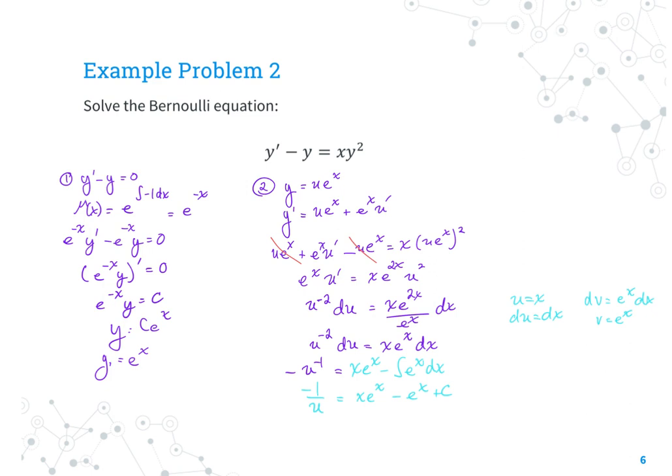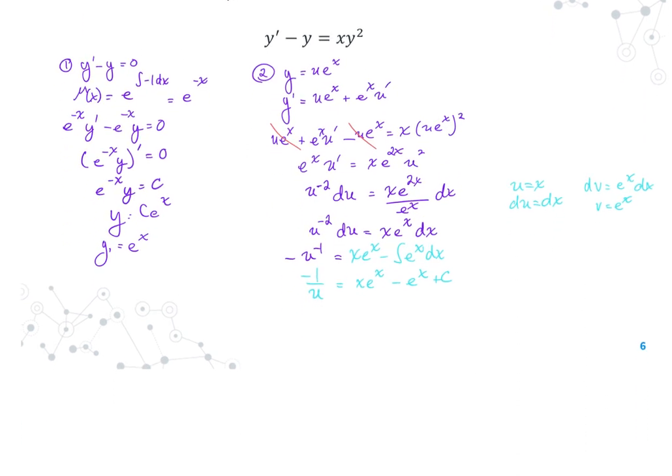From there, all we need to do is multiply both sides by a negative 1, and then invert the fraction. So let me scoot this up a little and make a little bit of room.